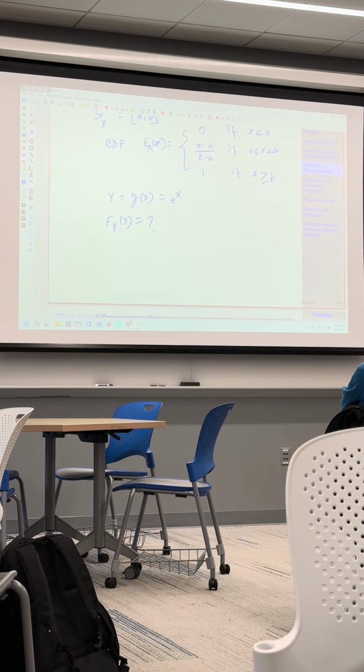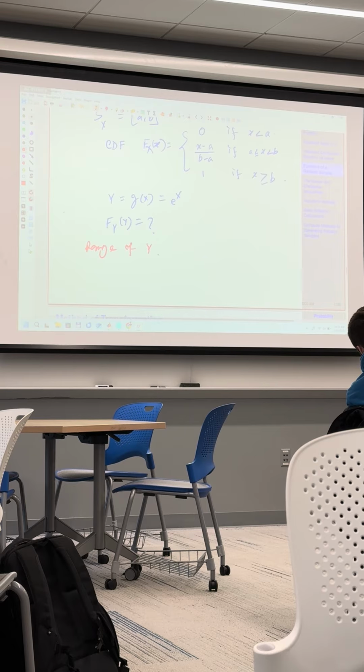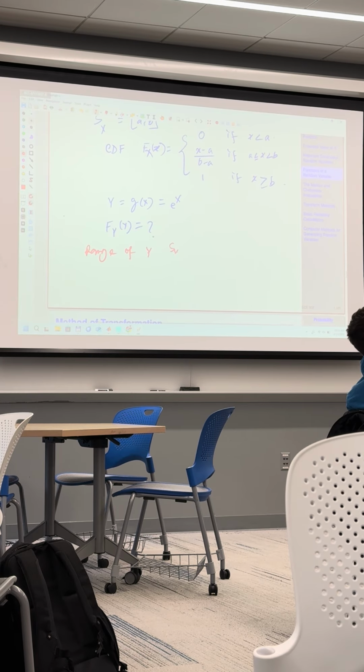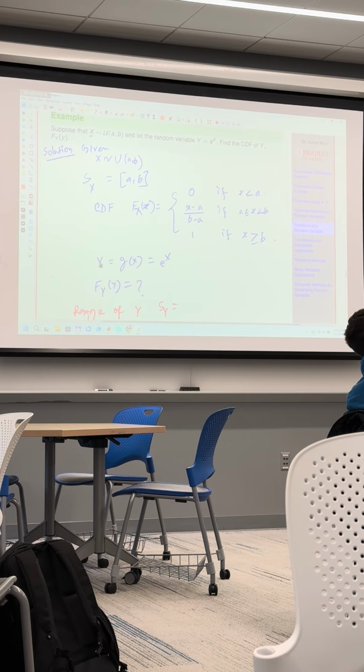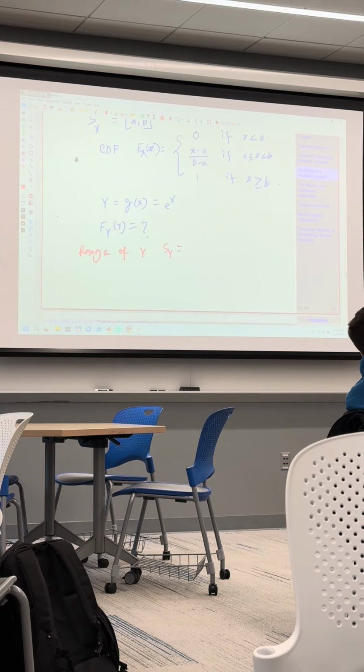Look, you need to find the range of y, S sub y. You know the range of x, right? Range of x is a all the way to b. But because y is a function of x, you substitute e to the x: the lower limit of this range gives e to the a, and the maximum is going to be e to the b. So this is the range of y. That's how we find the range of y.